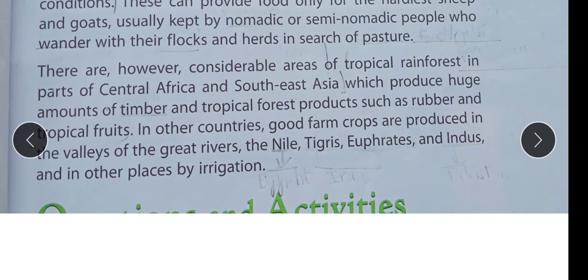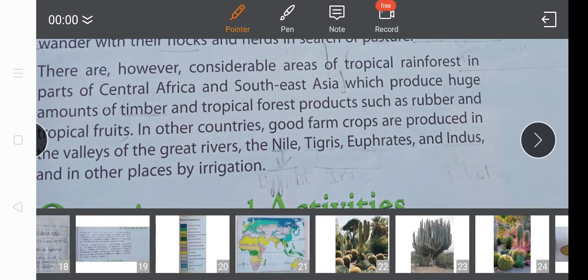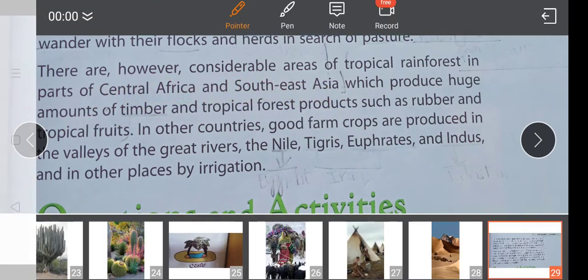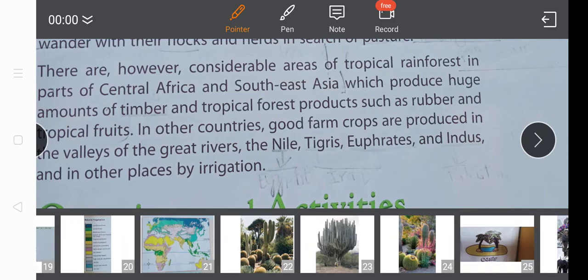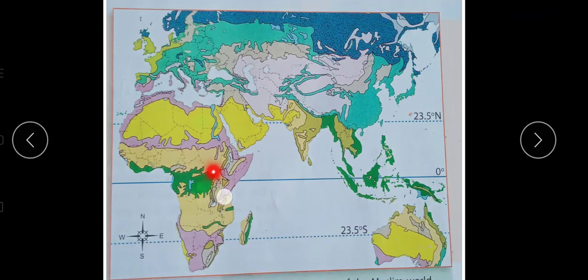Let me recapitulate this line: it is telling us that tropical rainforests are available in two areas, Central Africa and Southeast Asia. Let me show you from the map that rainforests are here, in Southeast Asia and Central Africa.